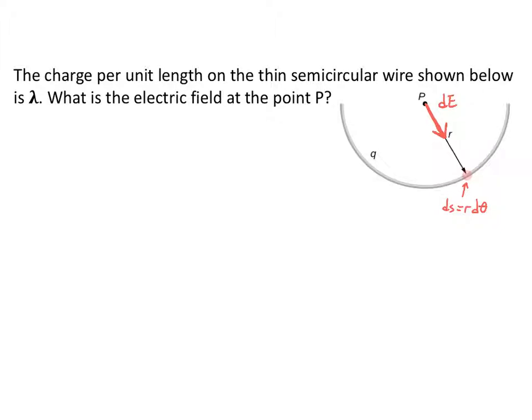Thing to realize, though, is I do need this to stay in kind of Cartesian terms. So that means that this right here, this is going to be the y portion of that differential. And there's some angle associated with that.